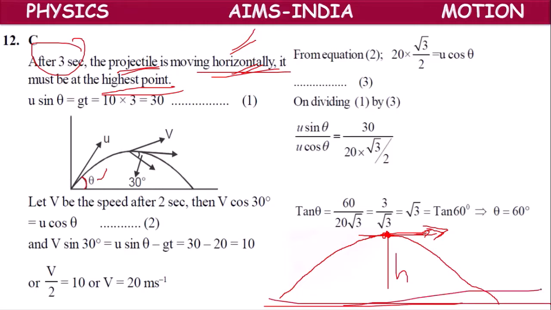So at the highest point, if this is the angle of projection theta, whatever velocity is there will be divided into 2 components, u cos theta along the horizontal, u sin theta along the vertical.